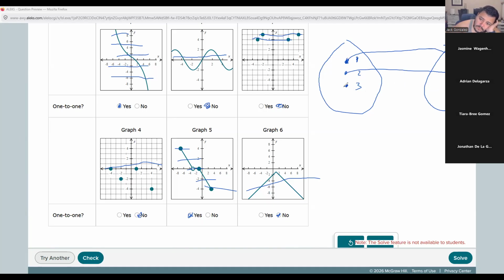Now, if 3 went to this spot here, let's call it A, B, C. This is still a function, but it's not one-to-one because each point does not have a unique output. So function, but not one-to-one. This would be one-to-one. That difference make sense?